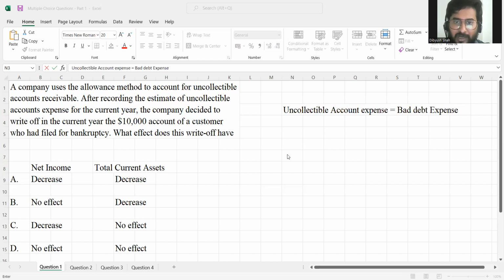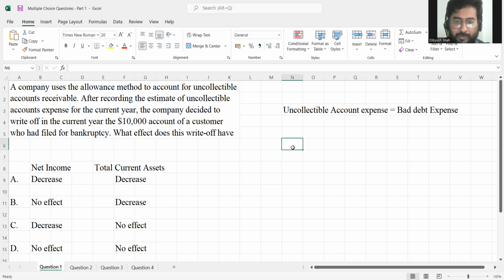First of all, I always say if you want to understand accountancy properly, journal entries are the way to go. So what is the entry for write-off?